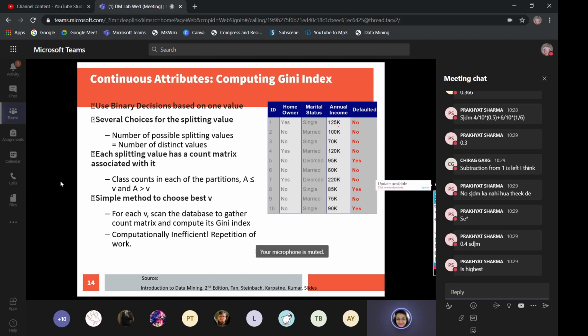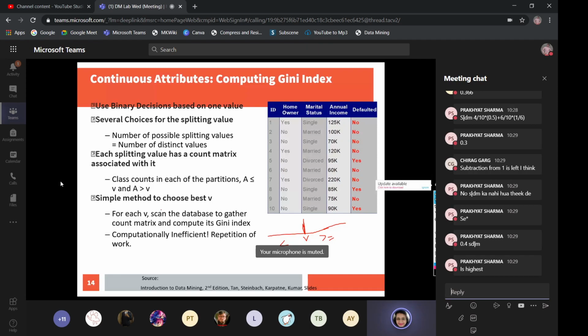Either you can treat each distinct value as a separate class. But it becomes very difficult and heavy on computation if each of the numbers is counted as a separate class. So the other way is to find some partition in between and make a split based on less than that value and greater than or equal to that value, or maybe less than or equal to and simply greater than.